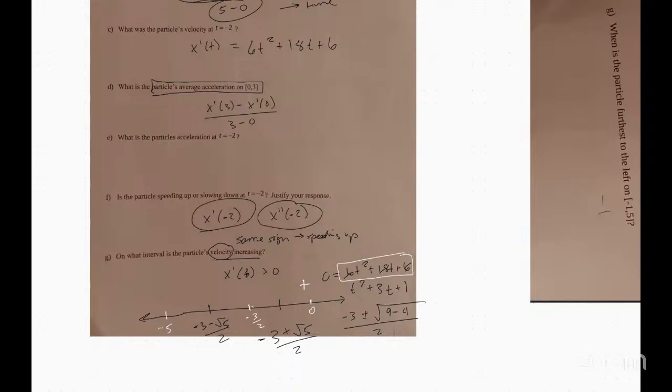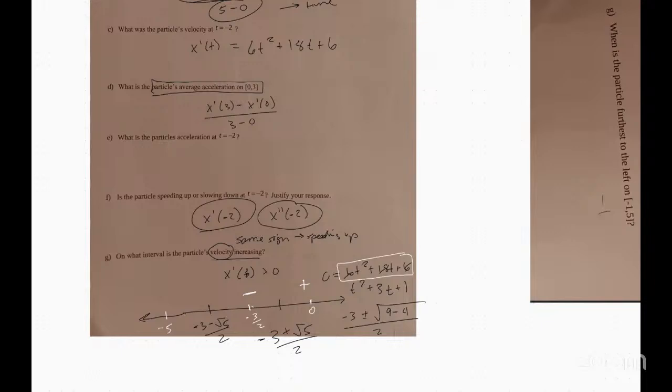And then go ahead and just type in 6x squared. I know you can't see this, but trust me, plus 18x plus 6 and see what your answer is. That's going to be a negative value. And then plug in -5 by just storing -5 for x: -5 store x, enter, arrow up, get that same formula you just plugged in and hit enter again. And that's going to be positive over there. So where is the velocity increasing?